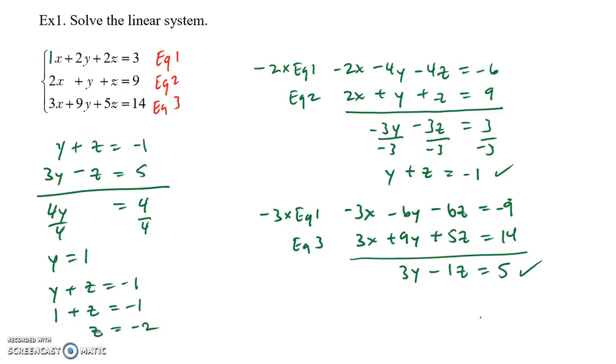So from equation 1 we have x plus 2y plus 2z equals 3. I'll just recopy the equation. Then I know that x is still unknown, y we determined to be equal to 1, and z we determined to be equal to negative 2.